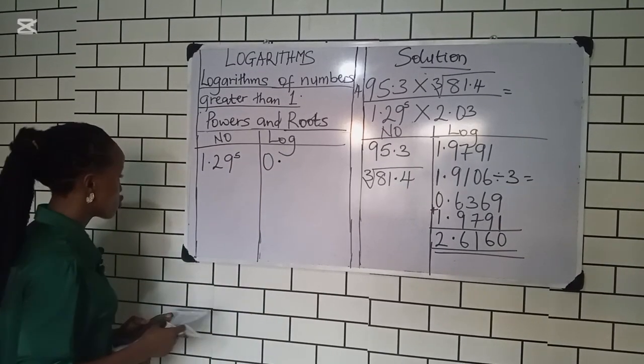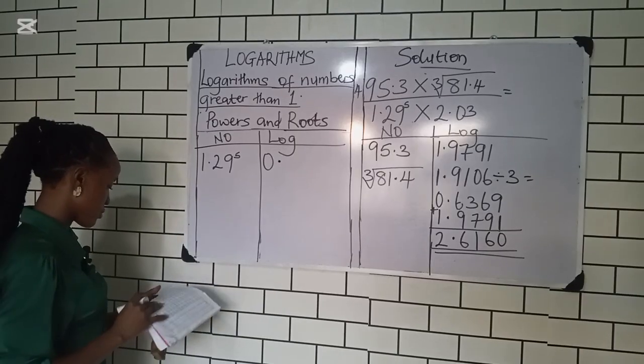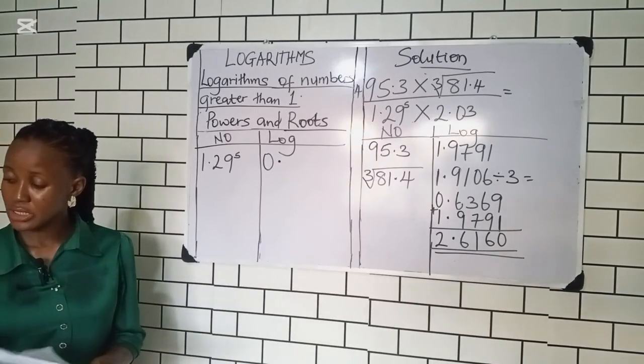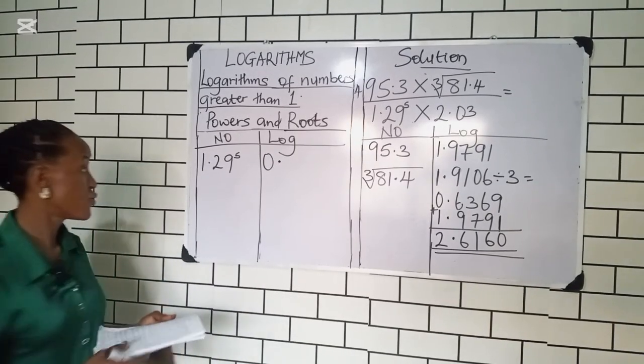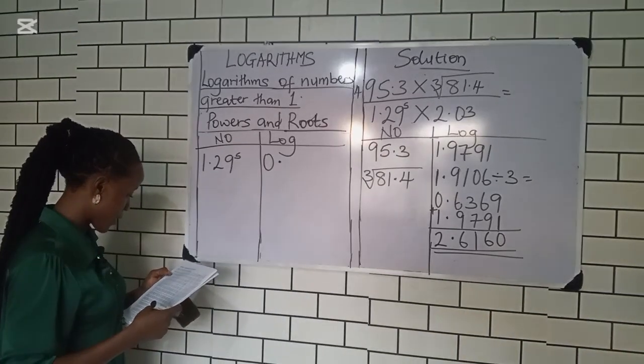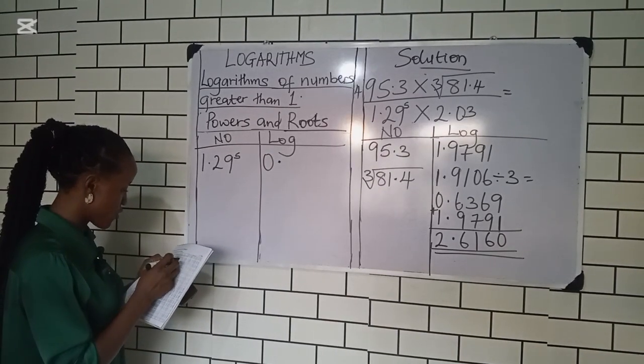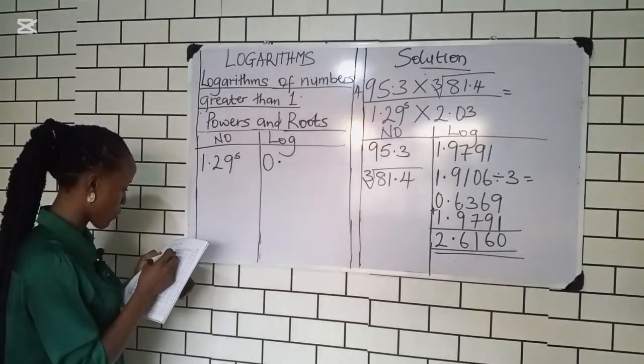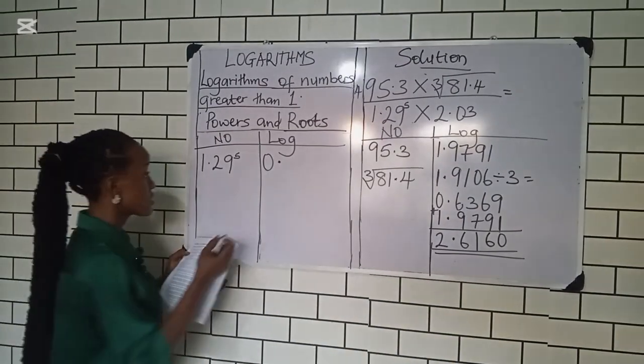Here we're going to look for 12 under 9 in our log reading table. 12 under 9 is 1106.